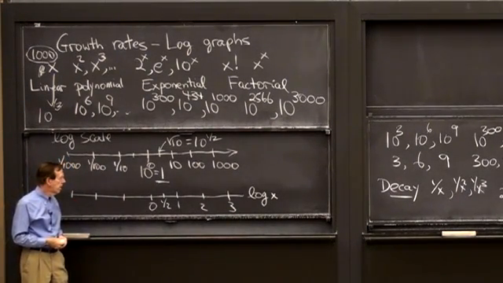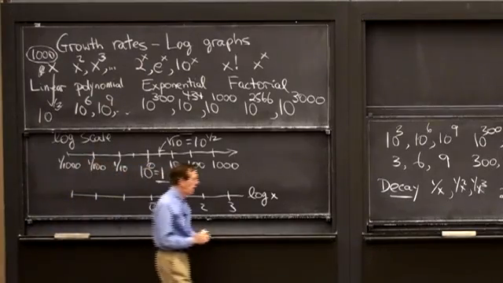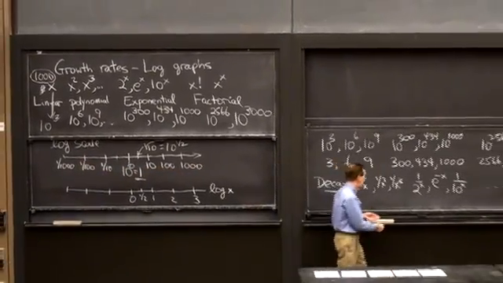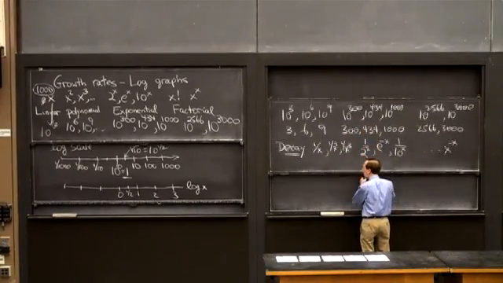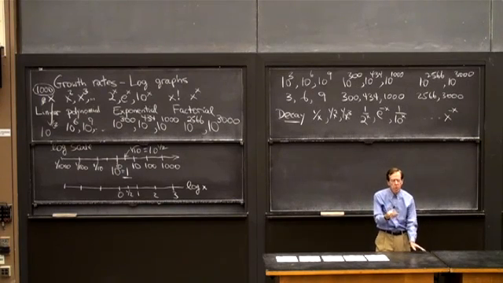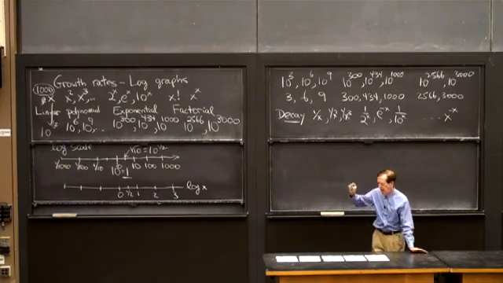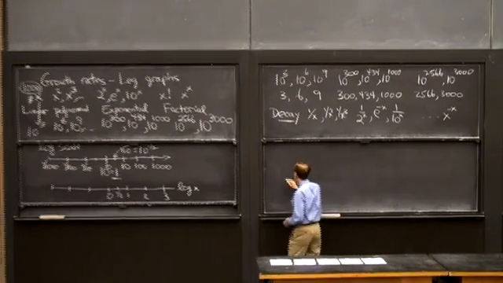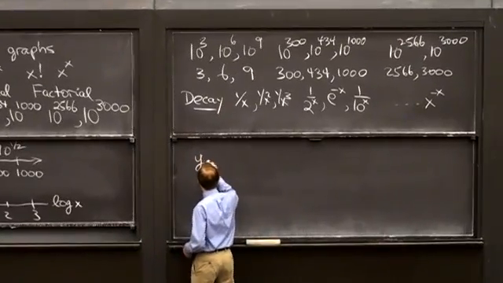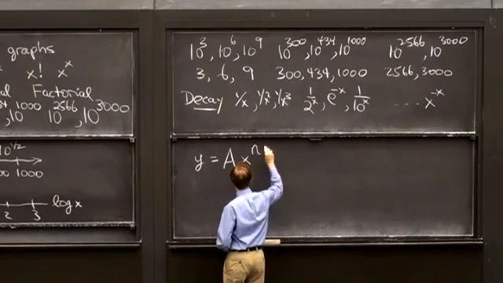Okay, good. So can we use that log scale? How do we use that log scale? Let me give you an idea for what use that log scale might be. Practical use. Suppose I know or have reason to believe that my function might be of the form y is something times x to the nth.